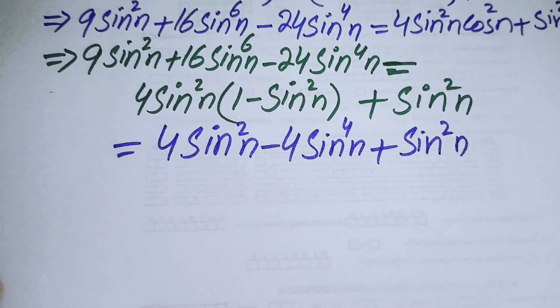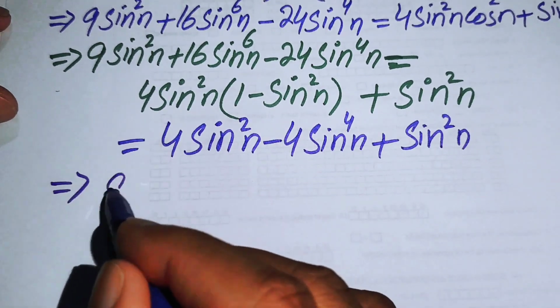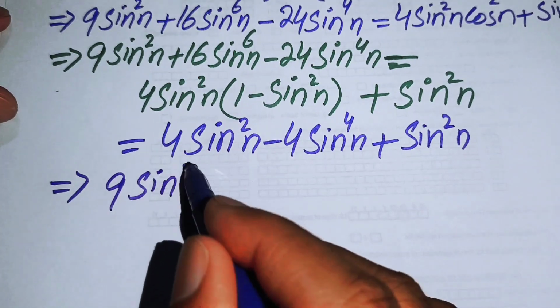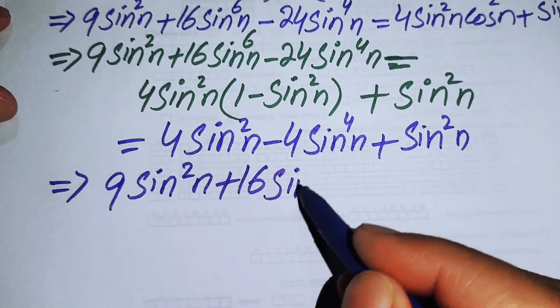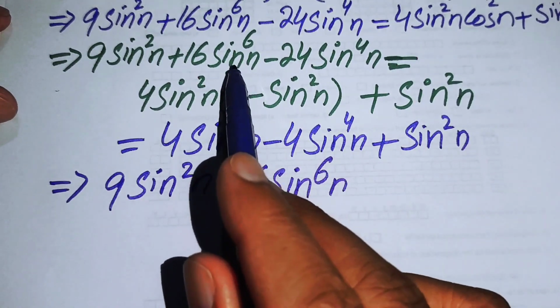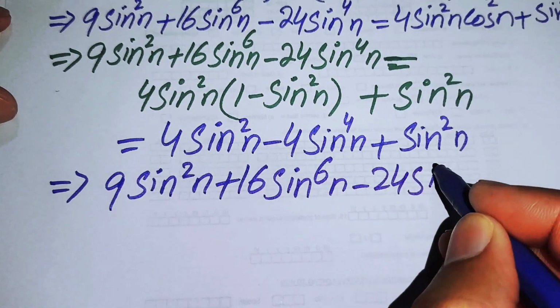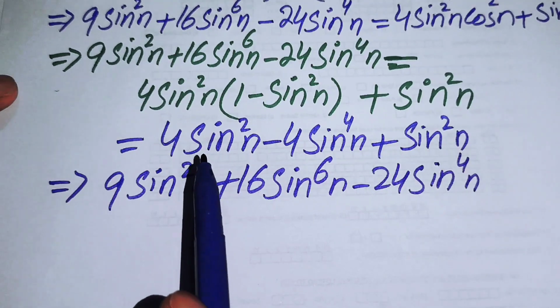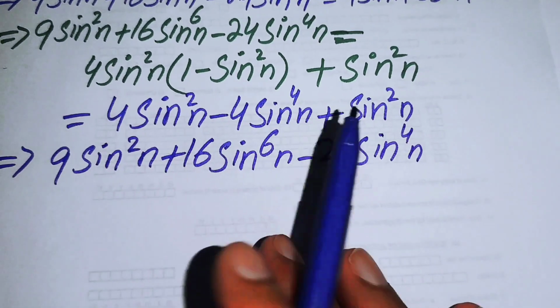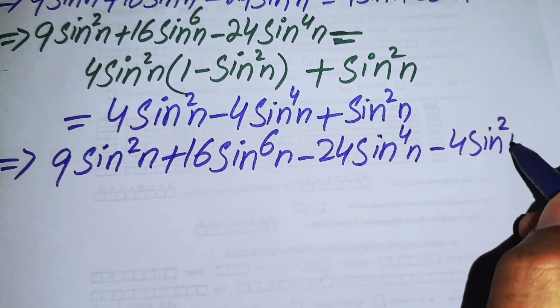So in the next step we move all the terms from the right hand side to the left hand side, and you will get 9 times sine squared n plus 16 times sine to the power of 6 of n, this term, and we have minus 24 times sine to the power of 4 of n, and now we move this 4 times sine square n to the left hand side, and it becomes minus 4 times sine squared n.